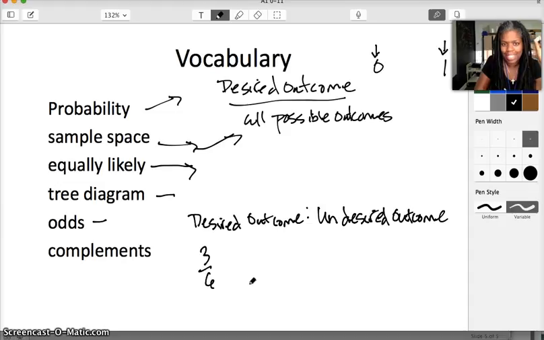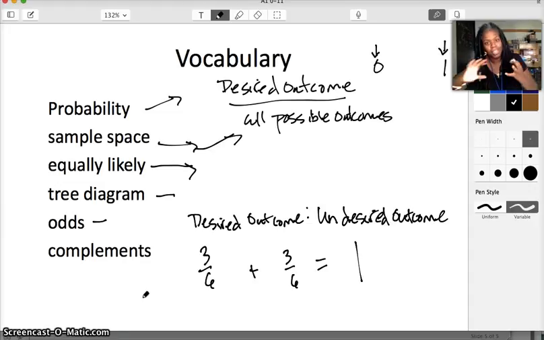The complement to that would be the probability of getting the other thing, in this case the odd numbers, and that's going to be 3 out of 6. And when I add those together, I get 1. So complements have to add up to 1. It has to be the probability of one thing with the probability of the other thing, or in some cases the undesired thing. Does that make sense?